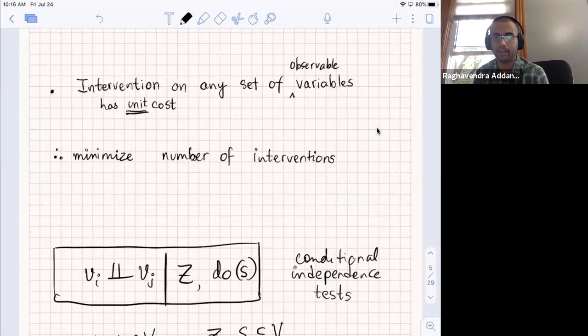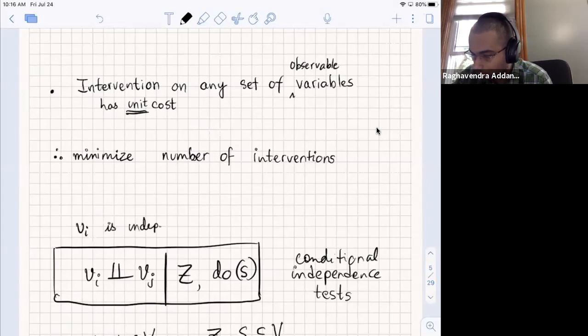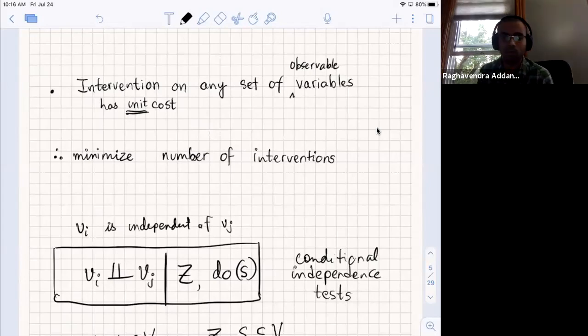So how do we access the data? Okay, that is our model. Now, how do we learn this G from the data? We access the data using a test known as a conditional independence test, where we test whether Vi is independent of Vj conditioned on Z in the interventional distribution of S. This is over assignments of Z and S in its domain.